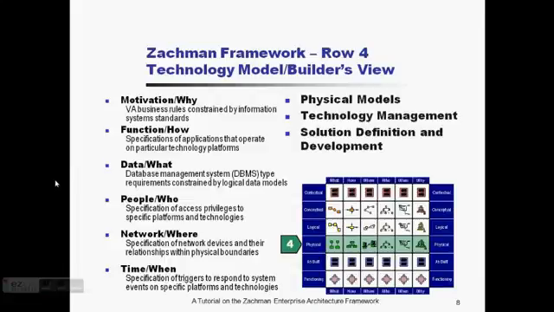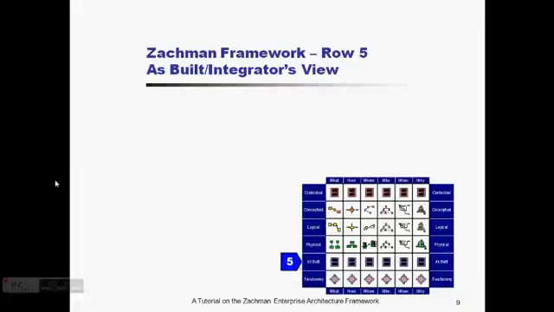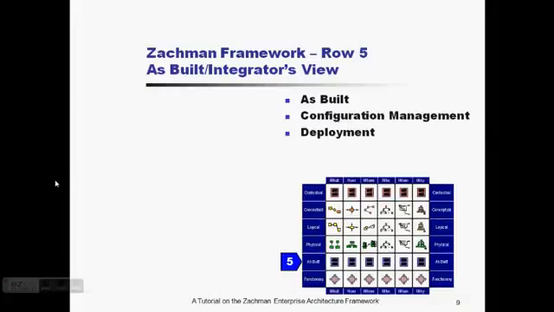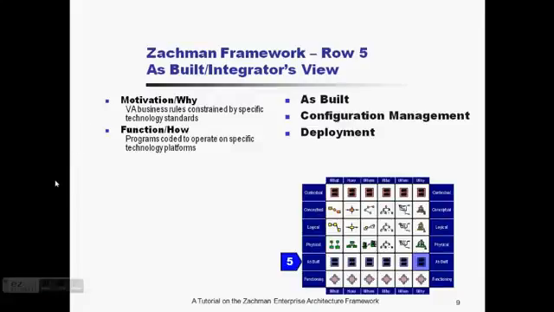Row 5 is more about actual build, actual delivery of configuration management, how we deploy our bits and pieces throughout the organization. The motivation is the business rules constrained by specific technology standards. It is about the programs coded to operate on a specific technology platform. The data is mostly about data definition and physical data models.